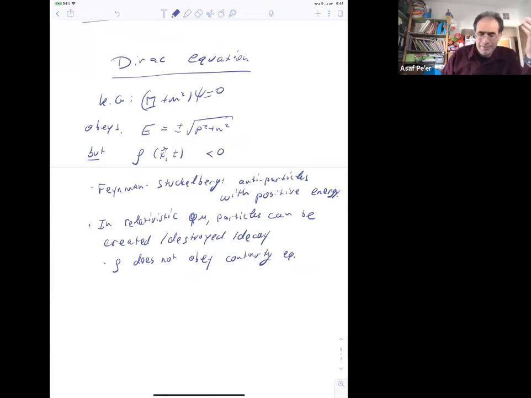So Dirac searched for a solution. Basically, he searched for an alternative formulation of quantum mechanics. And he did manage to find an equation which solves this problem of negative energies. But then it turned out that this equation also provides a very natural description of the spin of spin half particles, or spin half fermions.